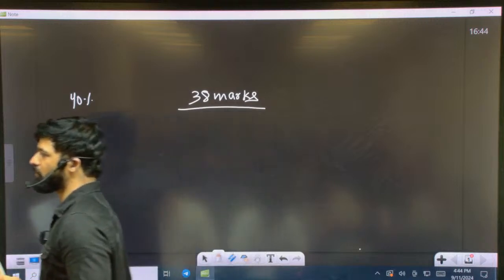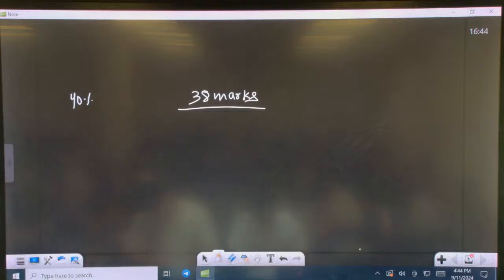Find the maximum marks of the exam. 40% of the passing marks, a student gets 250 marks and yet failed by 38 marks. You have to find out the maximum marks of the exam.